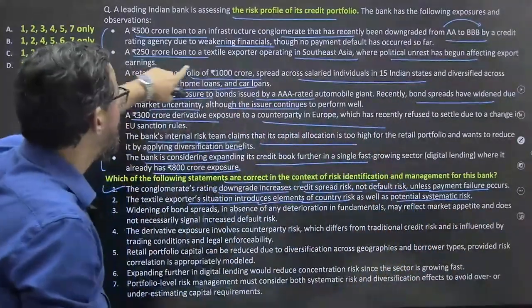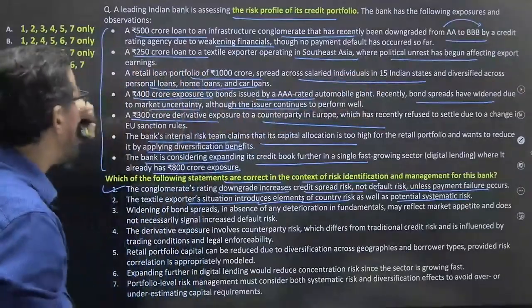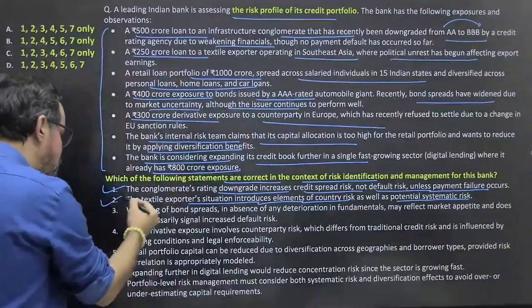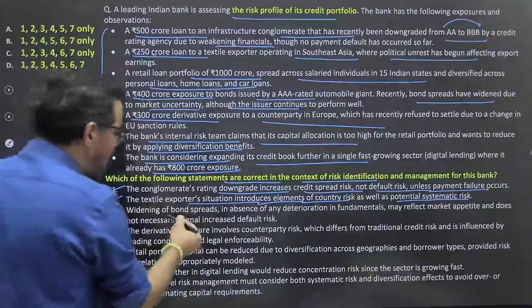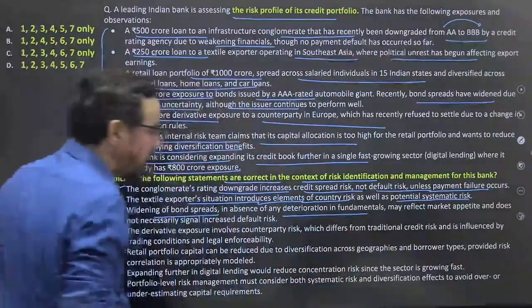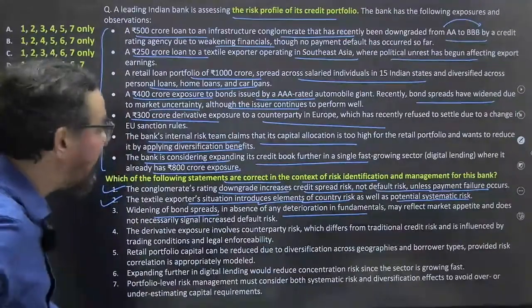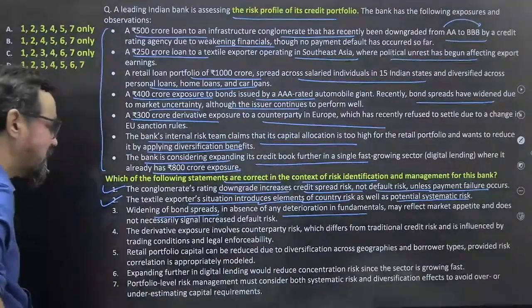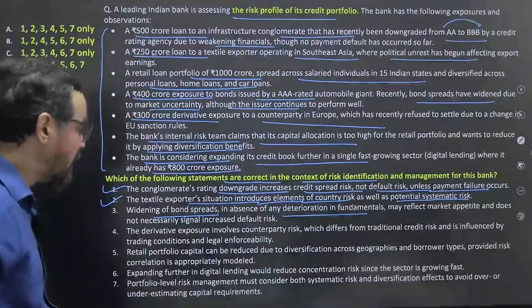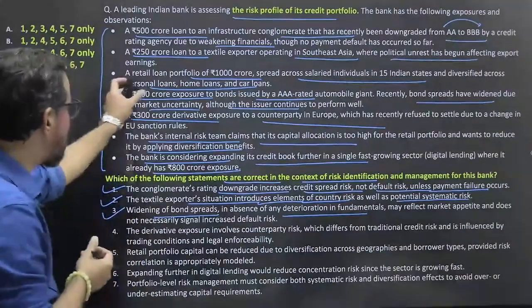Okay? So textile exporter in Southeast Asia where political unrest is affecting the export. Okay? This statement is also correct. Widening of bond spread in absence of any deterioration in fundamentals may reflect market appetite and does not necessarily signal increased default risk. This is also correct here because the company's portfolio is fine.